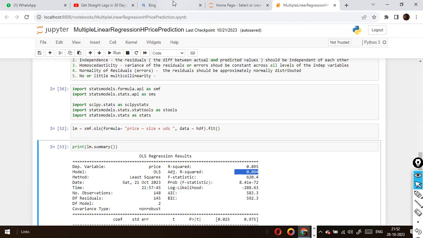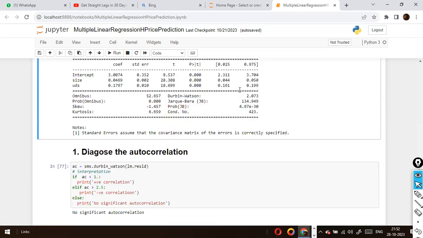Okay, the next question is what is Durbin-Watson? Please explain. Durbin-Watson is a statistic. It tells us whether any autocorrelation exists in the residuals. If the value is closer to 2, it tells us there is no significant autocorrelation. What do you mean by autocorrelation?